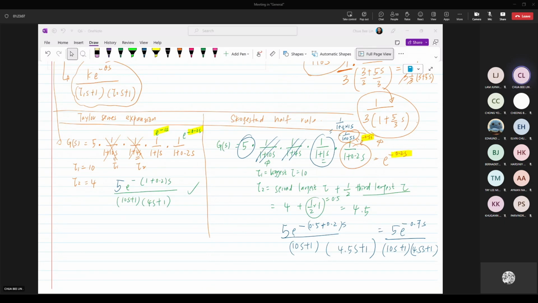Okay, so we have Taylor's expansion today and also the Gojover method today, as well as the second order response, and you have learned the nature of response where the damping factor equals 1, smaller than 1, larger than 1. And in the tutorial, I only cover the term 21 for your damping factor within the region 0 to 1.